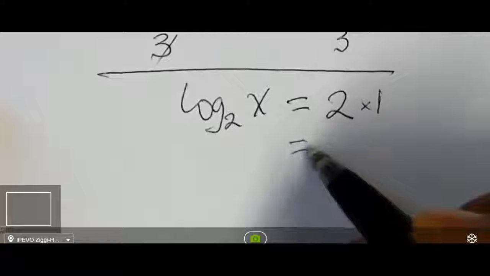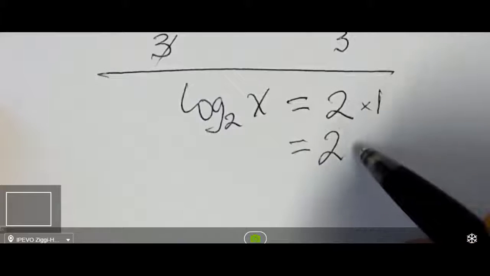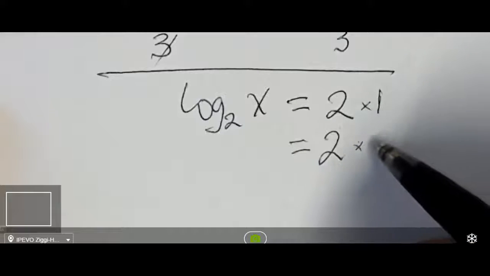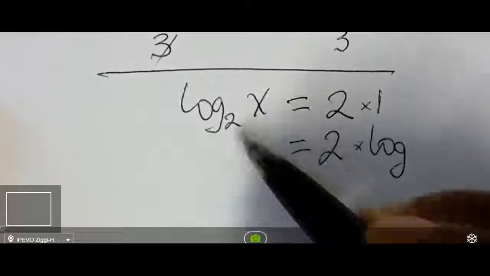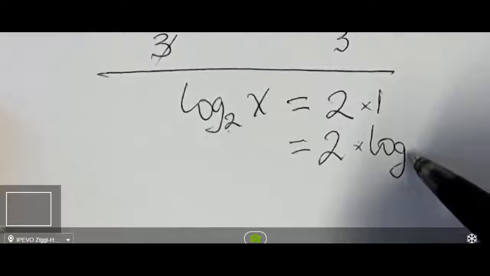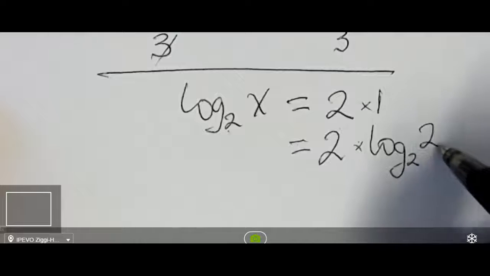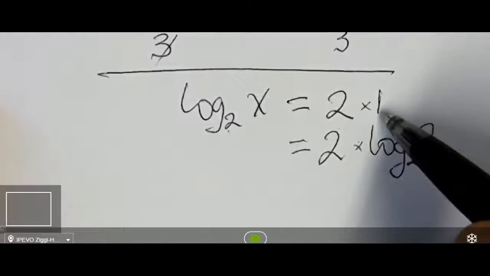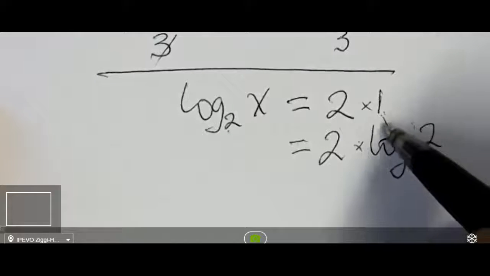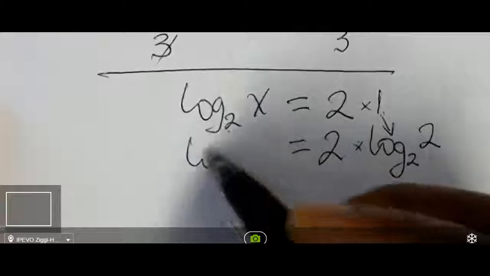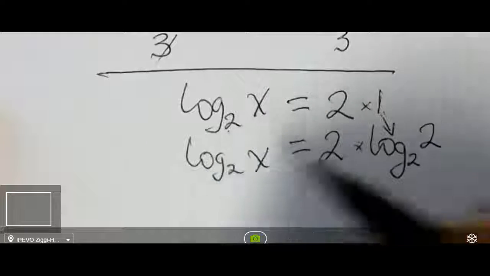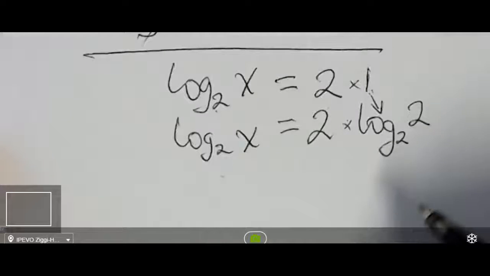So we bring down the log and make this 1 become a log of the same base. Since this is in base 2, we want to make it log base 2 of 2, because log base 2 of 2 is equal to 1. So substitute 1 with that. This is log base 2 of x. We just keep the left side; we're not doing anything with that yet.